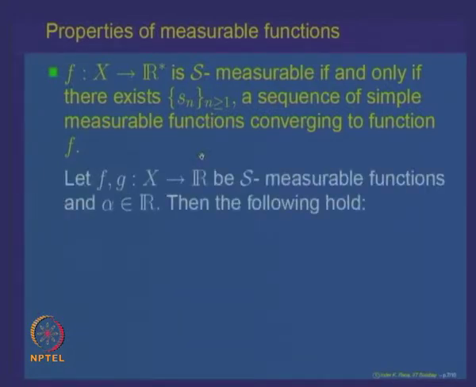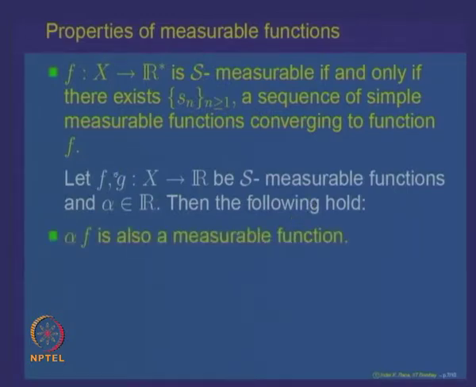So, now let us look at some more general properties of measurable functions. We are going to look at various properties given two measurable functions f and g and a scalar: whether the sum of measurable functions is measurable, whether the product is measurable, whether a scalar multiple of a measurable function is measurable. Let us list all the properties which are true.